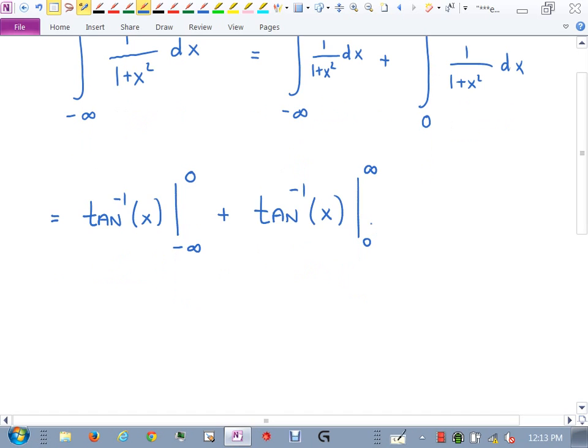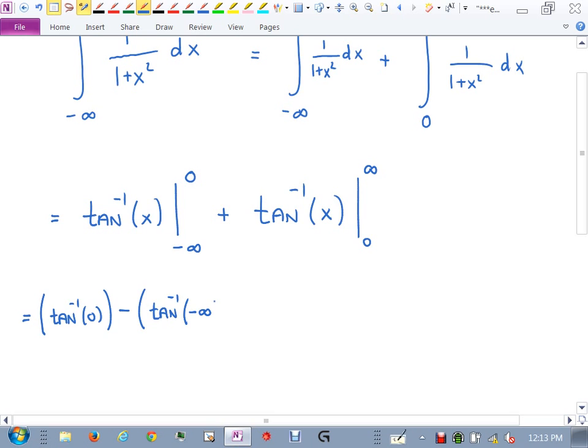The order here is important. When we say negative infinity to 0, you plug the 0 in first, then you subtract what you get when you plug in negative infinity. Then plus, you plug infinity in, and then subtract what you get when you plug in 0, right? So here it is. We are going to do arctangent of 0 plugged in, minus arctangent of what?